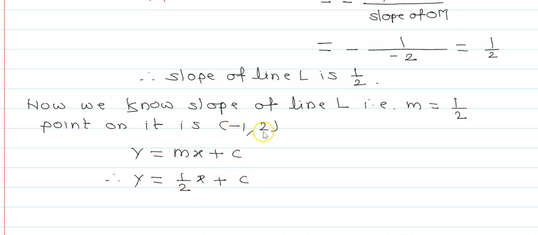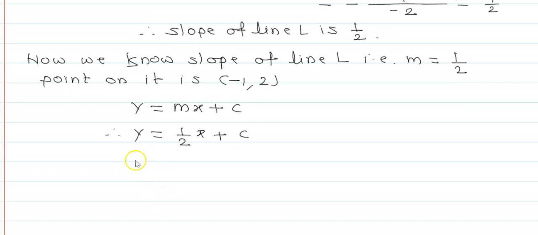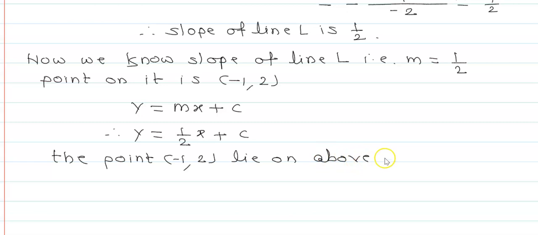Now this point minus 1, 2 lies on this line. It satisfies the equation of the line. The point minus 1, 2 lies on the above line. Therefore, we substitute y equals 2, x equals minus 1, so 2 equals 1 upon 2 into minus 1 plus c. Okay.